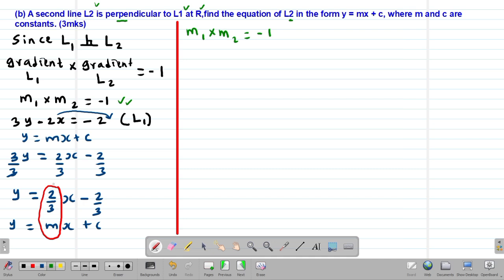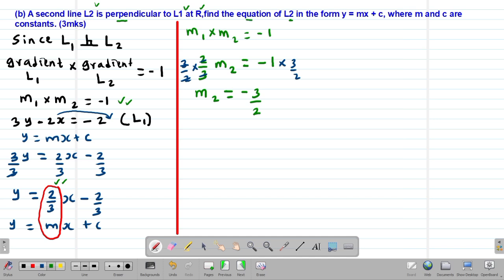My m1 is the gradient of the first line, positive 2 over 3, so I have 2 over 3 multiplied by m2, the gradient of the line perpendicular to L1, which must give me -1. To get m2, I'll multiply through by the reciprocal, which is 3 over 2, on both sides. The 2s cancel out and the 3s cancel out, so the gradient of the second line L2, which is m2, is -3 over 2.